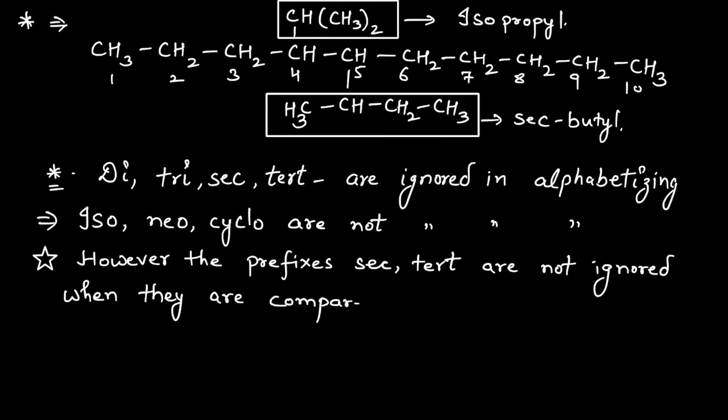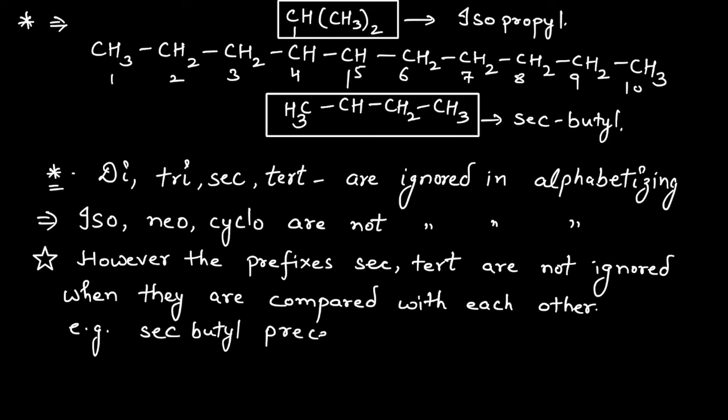Suppose we are having a molecule in which we have a secondary butyl and a tertiary butyl. So in that case we won't ignore secondary or tertiary. So in that case secondary butyl precedes tertiary butyl. So this rule is again very important.